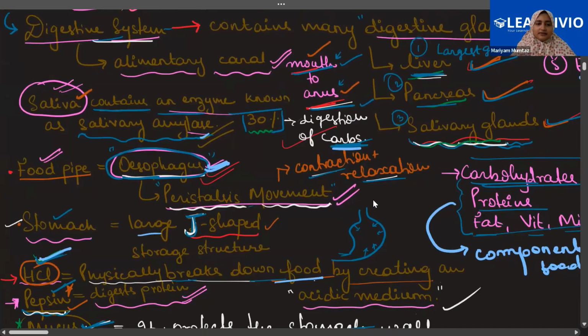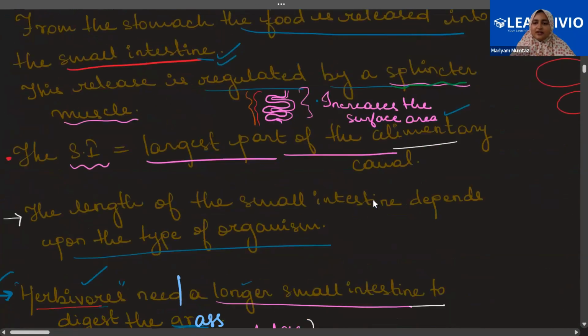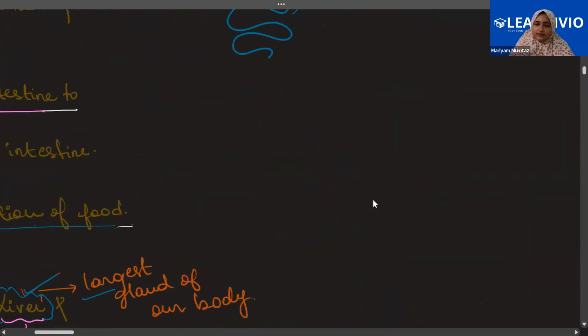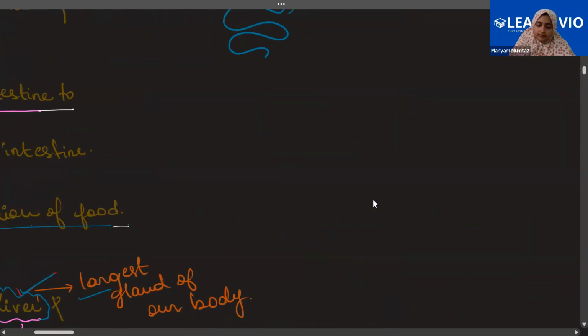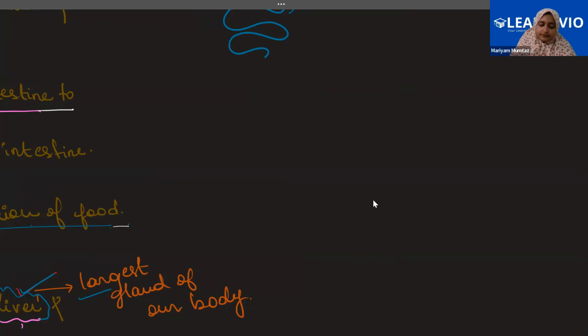Okay. What is the function of hydrochloric acid in our stomach? It will kill the bacteria present in the food. And what is another function? It creates an acidic medium in the stomach so that proteins can be digested. Okay.